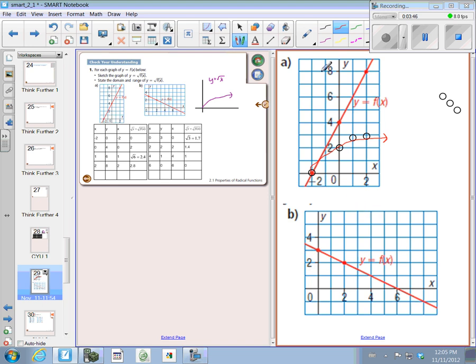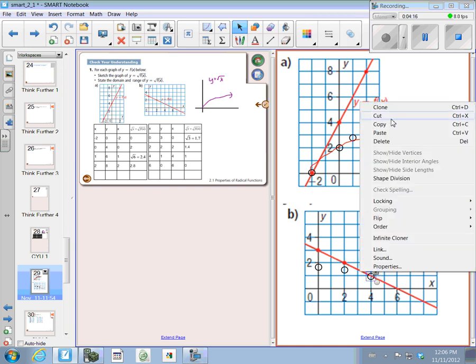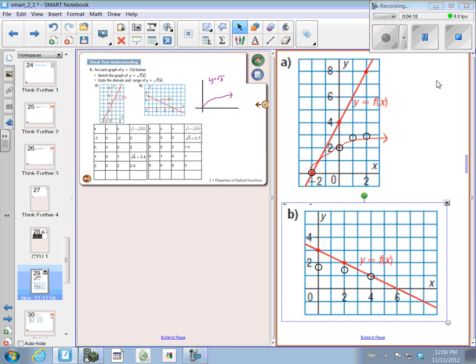With the second one, let's label those points. What do we have? 0, 1.7. 0, 1.7 is about right there. 2, 1.4, roughly there. 4, 1 right here. And then 6, 0. 6, 0 would go right over here.